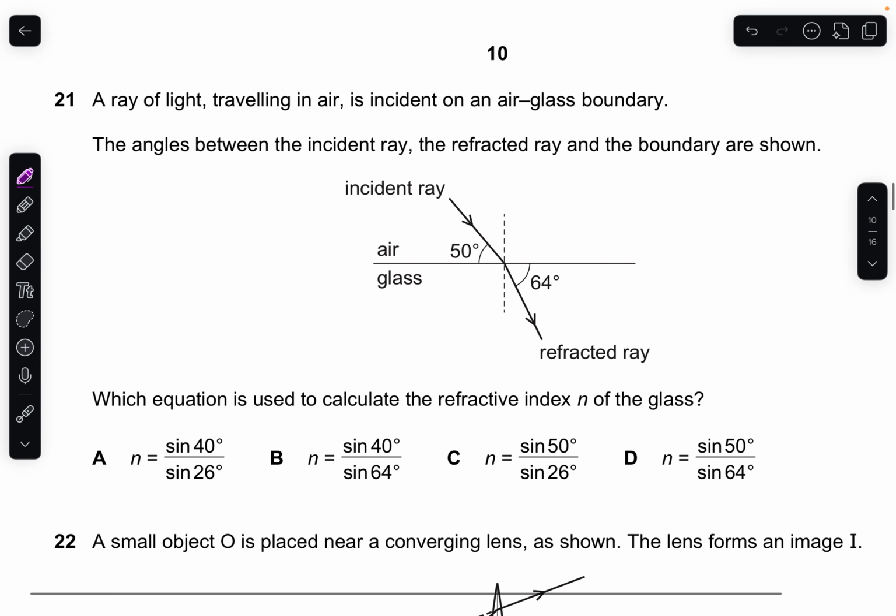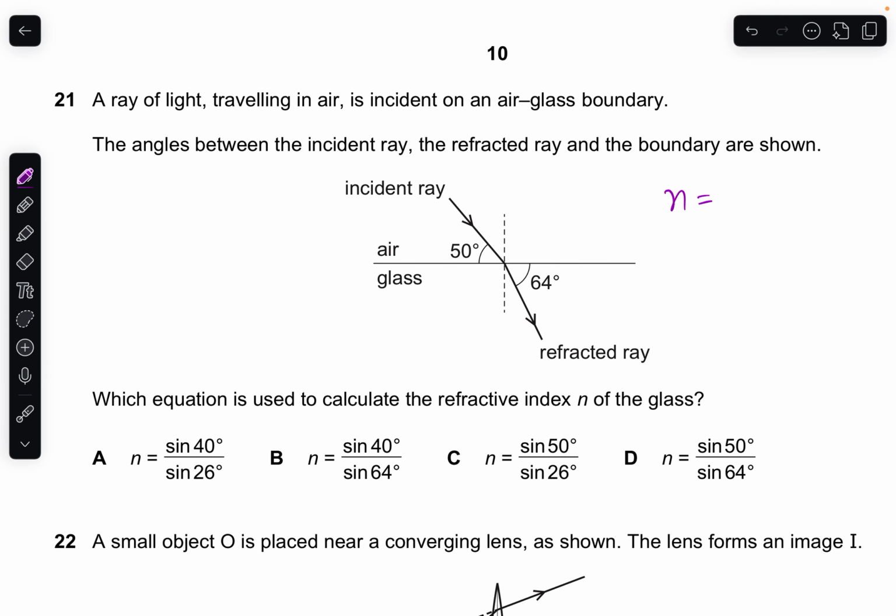In question 21, a ray of light travels in the air, the incident ray is shown and the whole scenario is shown, and you have to tell the correct formula. Refractive index is basically, from Snell's law, n equals sine i over sine r. So what they have done, the angle is always measured with the normal. This dotted line is showing you the normal. Okay, so this is not the incident angle, the 50.